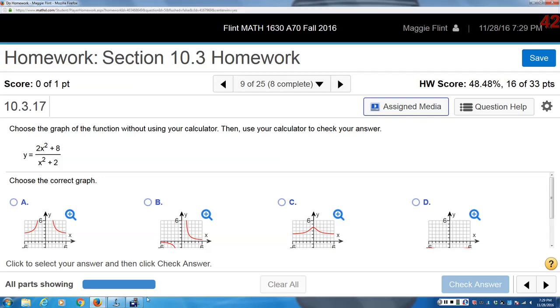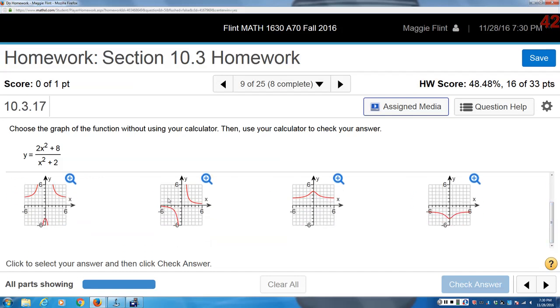Well, x squared plus 2 is never going to be equal to 0 because anytime you square a number, you get a positive answer. And when you add a positive to a positive, you still get a positive answer. So we're not going to have the behavior that you usually see on rational functions where it does like that.